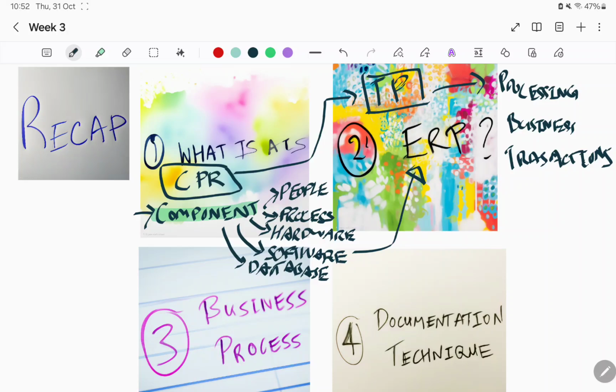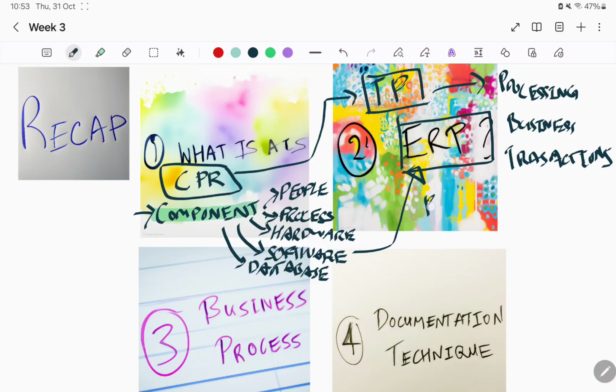I want to emphasize this further on the ERP. Here we have before ERP and after ERP. Before ERP is a software that doesn't have integration. I think I have emphasized this before, but I just want to go through it very quickly over here.